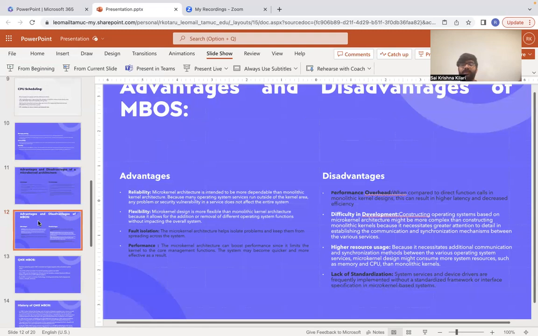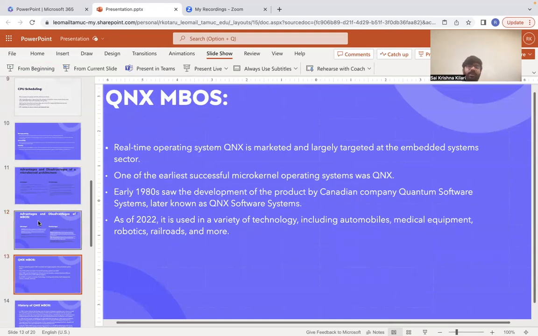Lack of standardization. System services and device drivers are frequently implemented without a standardized framework or interface specification in microkernel based systems. QNX, a real-time operating system, is marketed and largely targeted at the embedded system sector.